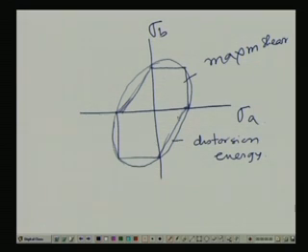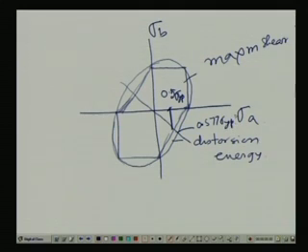That means this value was 0.5 sigma yield point, and this value is coming out to be 0.577 sigma yield point.